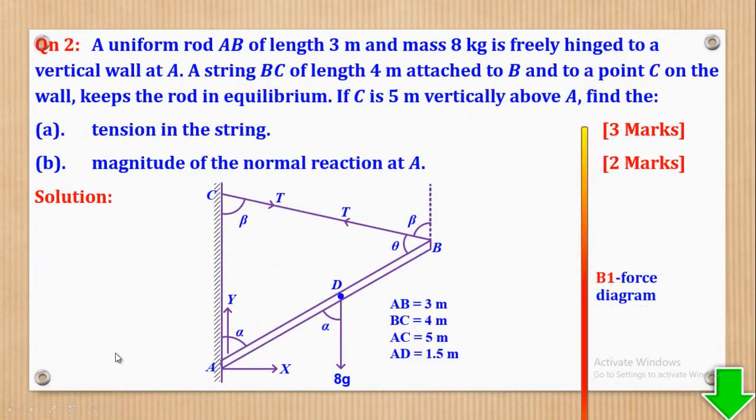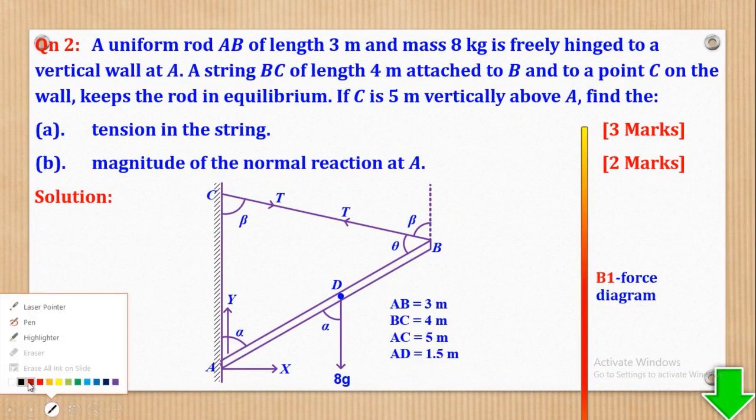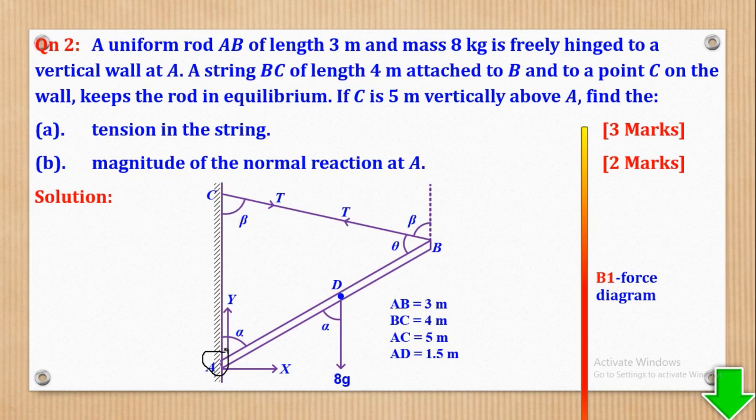When you're taking moments, you have to take clockwise moments equal to anti-clockwise moments. So when I'm taking moments about this point, this force cancels because its line of action passes through the pivot, and also this cancels because its line of action passes through the pivot. But this one has a moment, so remember when you're taking moments, we take F D sine theta.